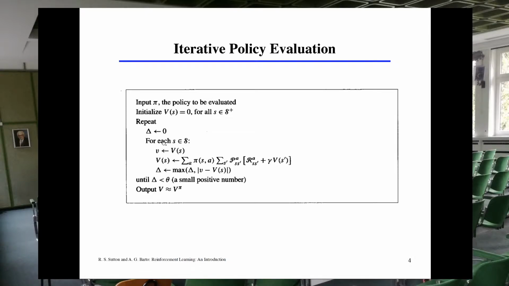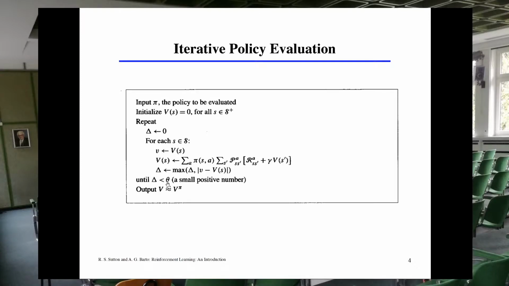So let's see how they do it. They say here, repeat this until this criteria is true. Okay, so theta is going to be a small positive number. So this is like saying if our delta is less than this size of error, I will consider that that's enough and I will stop my algorithm.